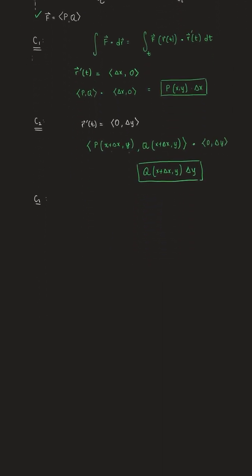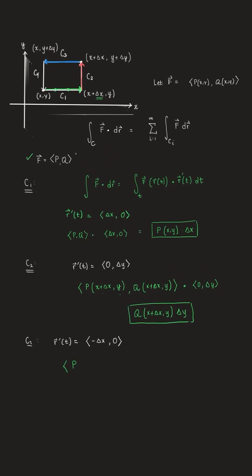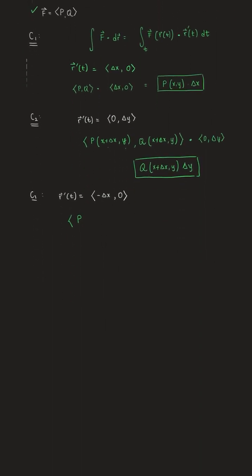And so that's going to mean that our r prime of t here, notice I don't even really have to parameterize the curve because we have these constant rates of change, but we're going negative delta x along the x direction, no change along y, and our vector field now is going to be, well, let's think about this. y is staying fixed at y plus delta y, but x is changing. So I'm going to write that as the vector field gets evaluated as x changes, but y is fixed at y plus delta y.